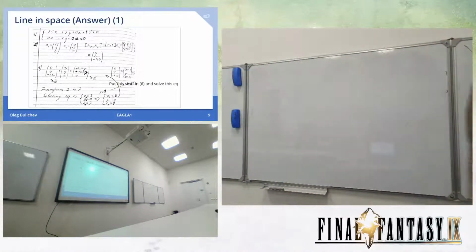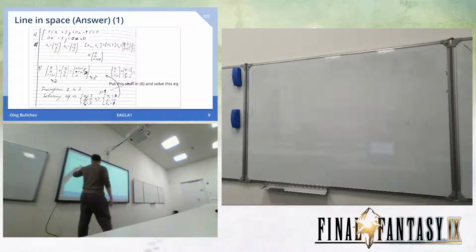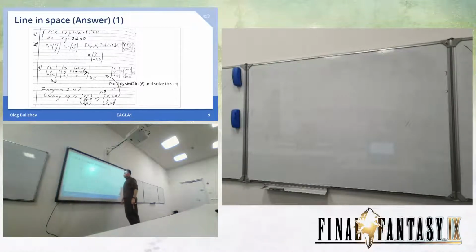So we have the general form. After this, I decided to write it in vector form. So we can find 2 normals. After this, I find the cross product between them. Why? We have 2 normals, and the cross product will give our line's direction.